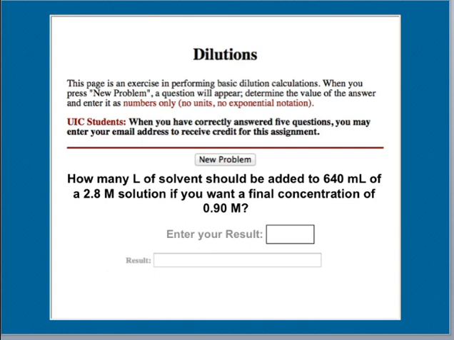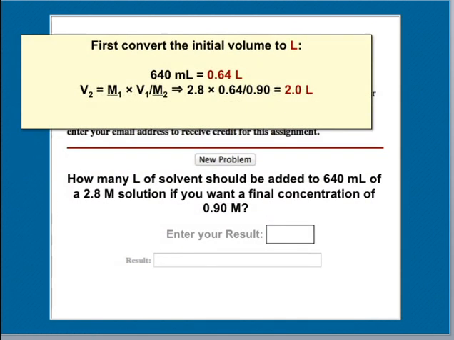Our final concentration is 0.9, so we're simply looking here for V2. V1, C1, V2, C2. Look at the problem, pick out the points. V2 here, our initial molarity times the initial volume divided by M2, 2 liters. Let's see.